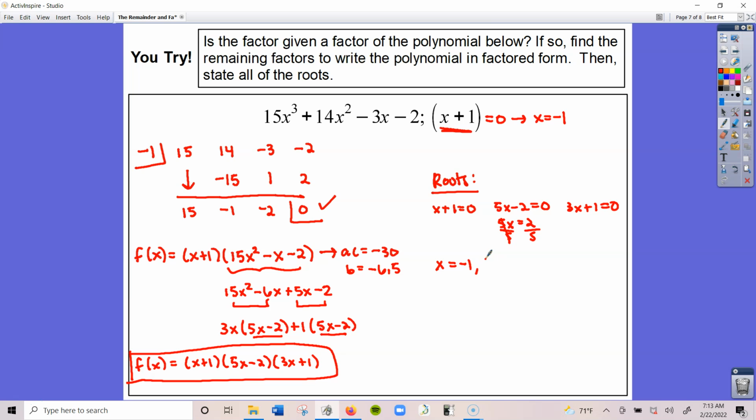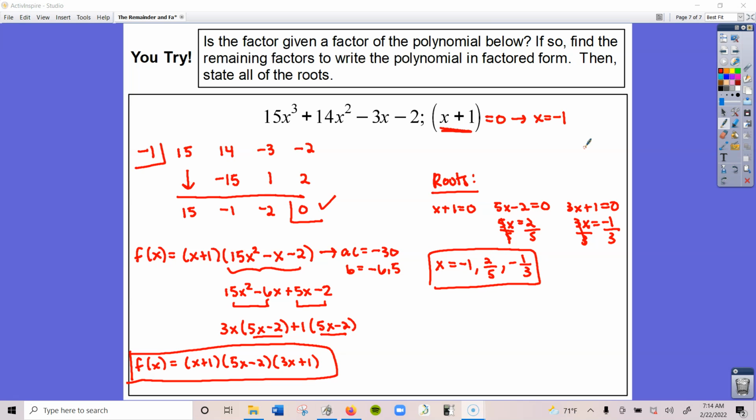So x is also equal to 2 over 5. Then here I'd have to subtract the 1, so 3x equals -1, and then divide the 3. So x is also equal to -1 over 3. So these are my roots. So we have our factored version and we have the roots.